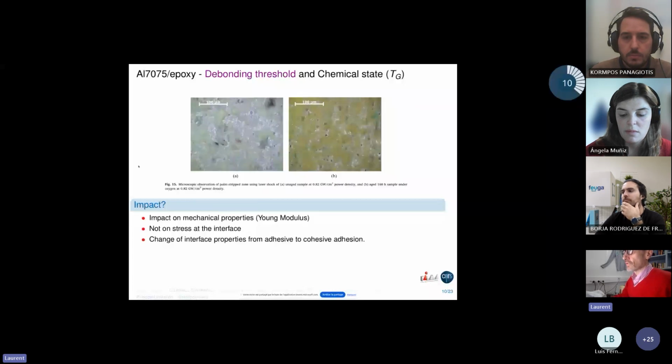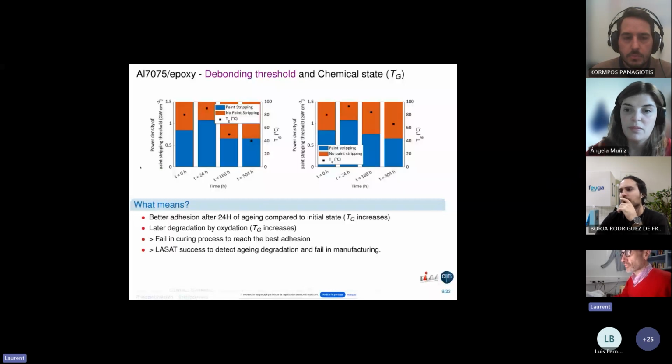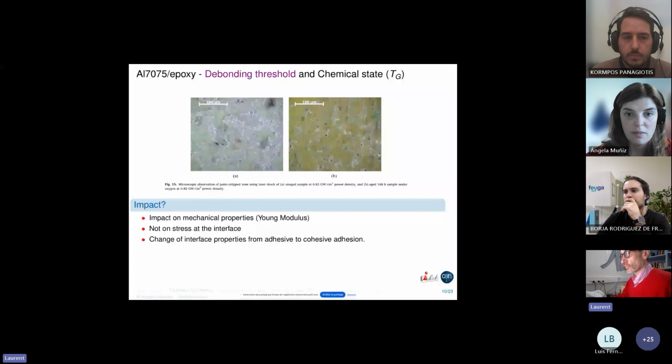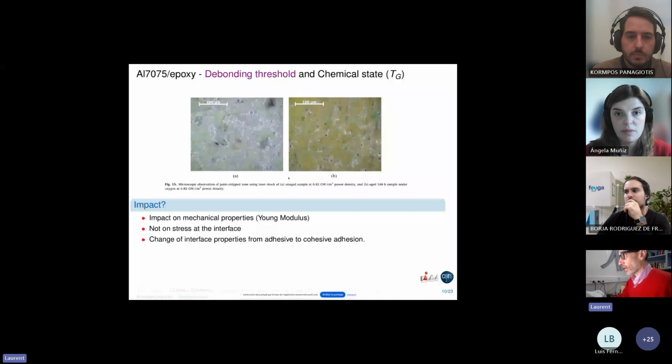Now, this is a view of the macroscopic observations of the stripped zone for the two thermal aging durations. On the left is the initial state of the materials, and on the right is the material aged with 168 hours of aging.